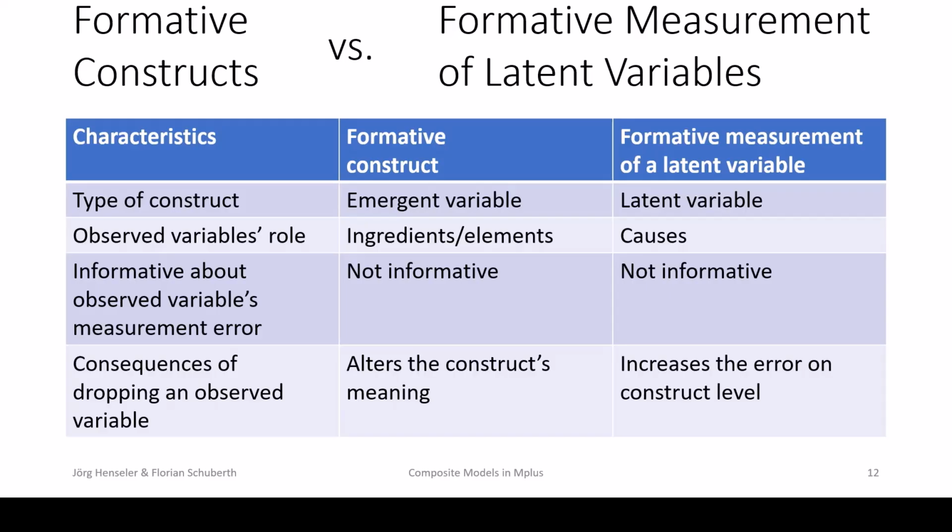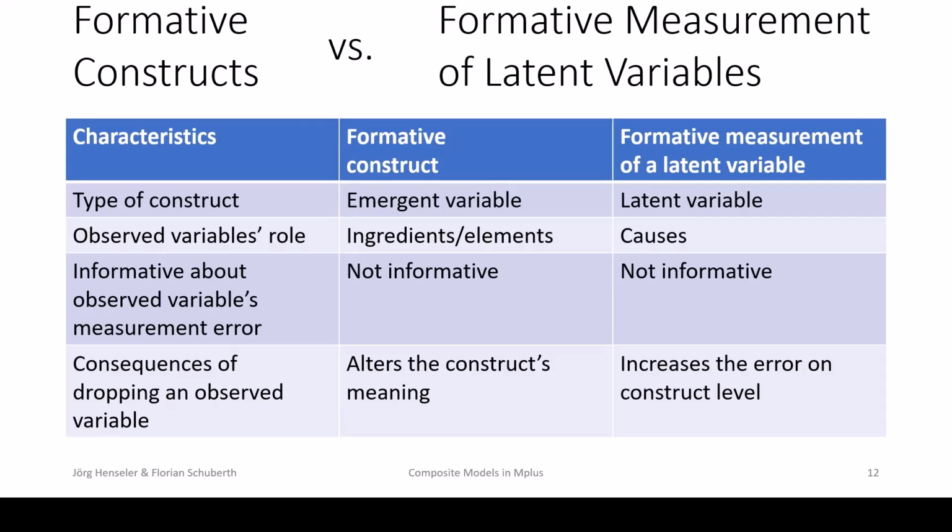Finally, what happens if we drop an observed variable? If we drop an observed variable of a formative construct, then we alter the recipe. If we leave out an important ingredient of a cake, well, then we'll have a different result. Maybe it's not even a cake anymore if we miss sugar because it's not sweet and it's then rather kind of bread.